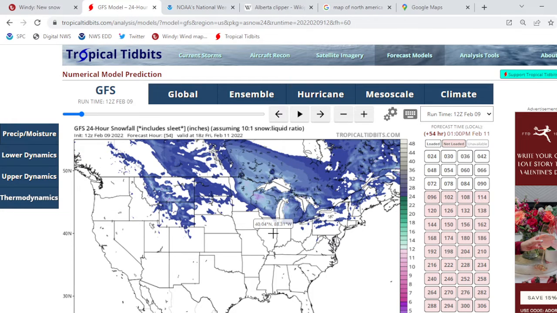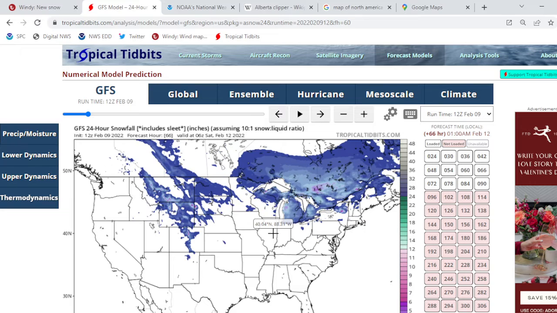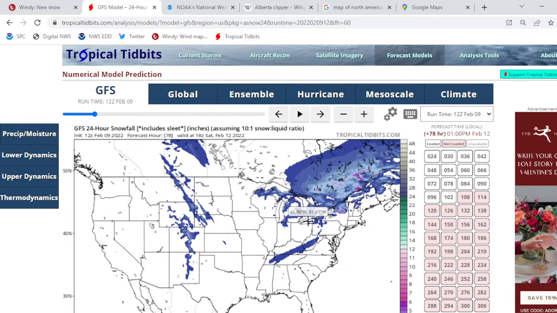And if I go, still 3 inches, 3 inches, 1 inch, 2 inches. Some of these areas in here, you could probably get some lake effect that comes in with that also, which is another video that you should look at and get into.